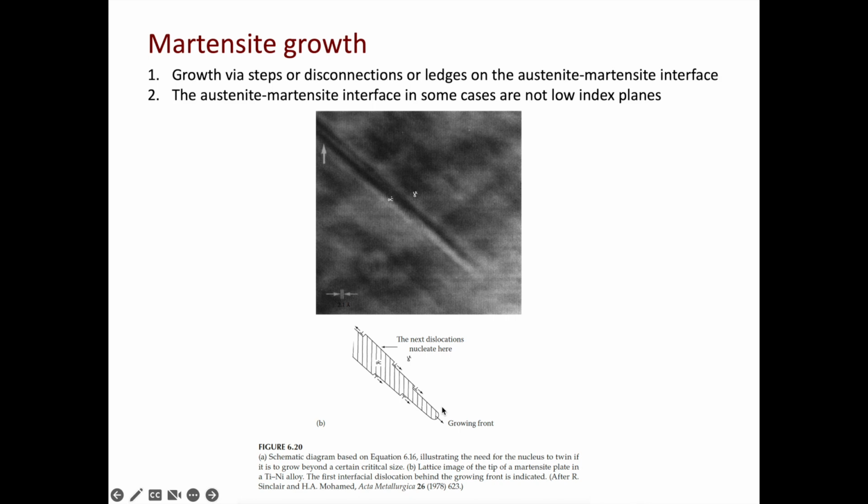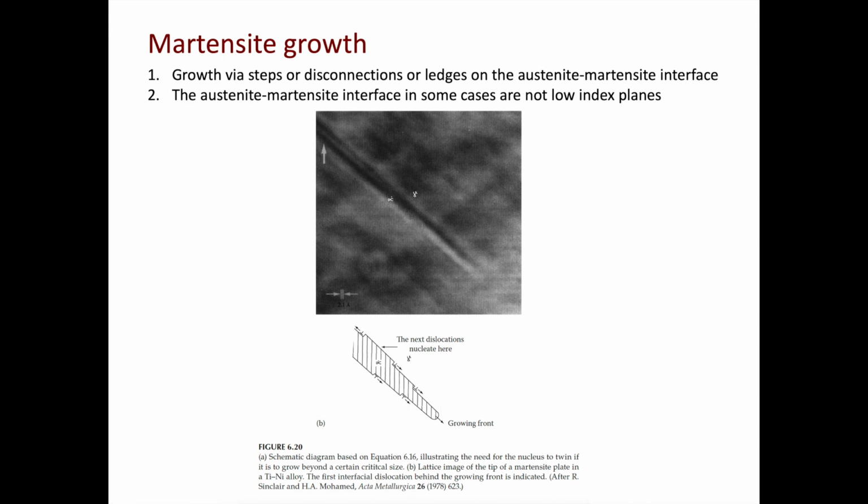The last thing I'd like to briefly touch upon on this slide is the martensite-austenite interfaces. In some cases, they do not lie on low index planes. In some extreme cases, there's simply no well-defined plane that the habit plane lies on. This is in contrast to twinning, because twinning usually has a well-defined twin plane.